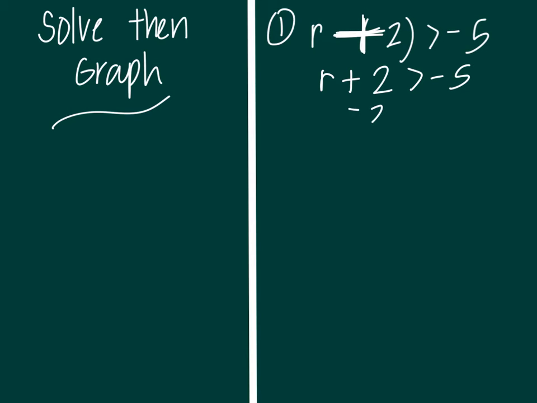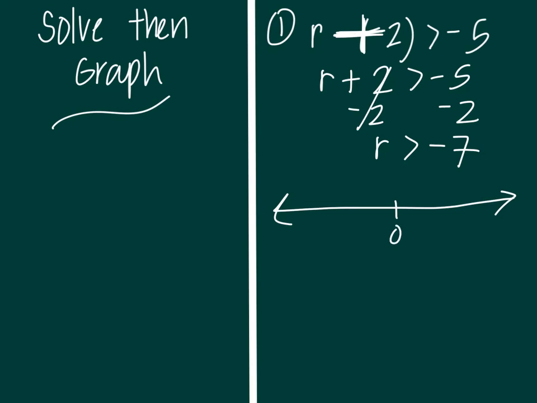I'm going to subtract 2 to get r by itself. So we get r is greater than -7. Now let's graph it. Okay, we're going to have an open circle. We need to show all numbers greater than -7, so the line will go to the right.